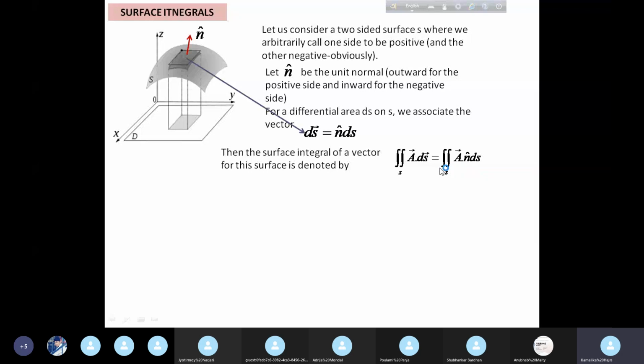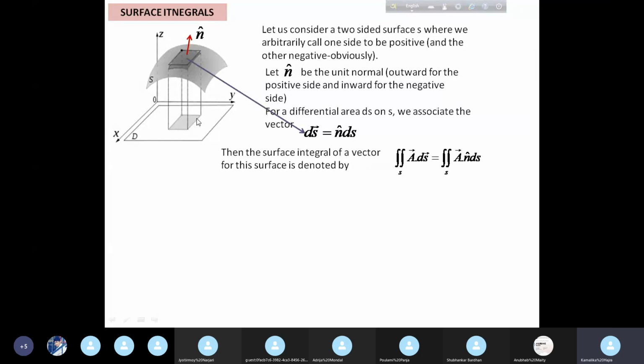And why are there two integral signs? In the line integral we saw there was only one integral sign. We are used to doing integration with only one integral sign. Here there are two integration signs because whenever you are considering an area, it means there is involvement of two variables. In the Cartesian system, even an infinitesimal area like this would mean dx into dy.